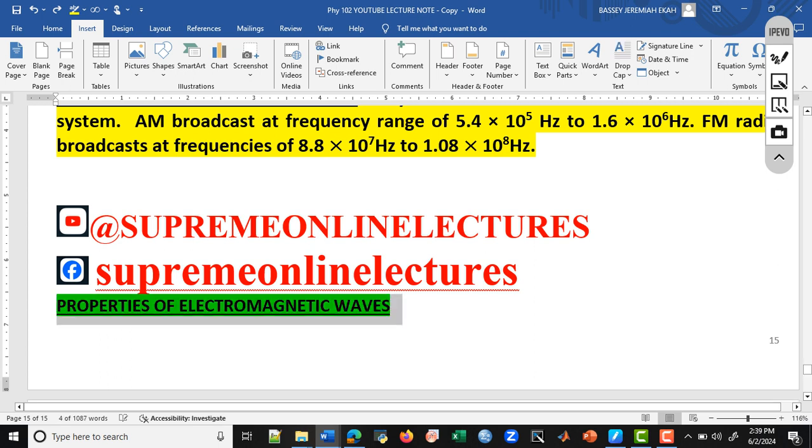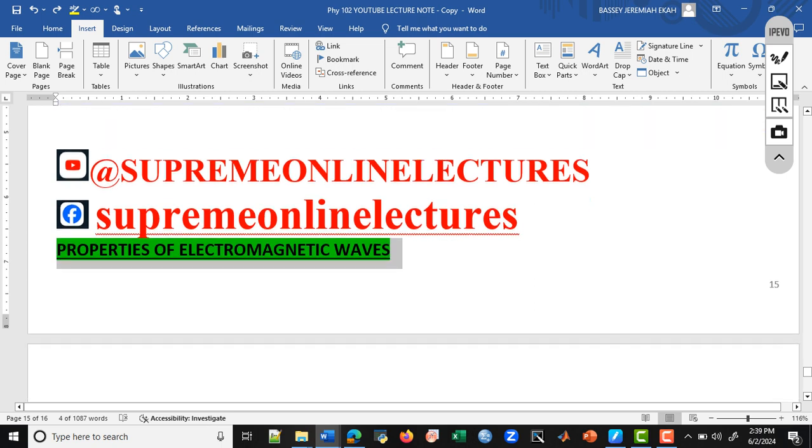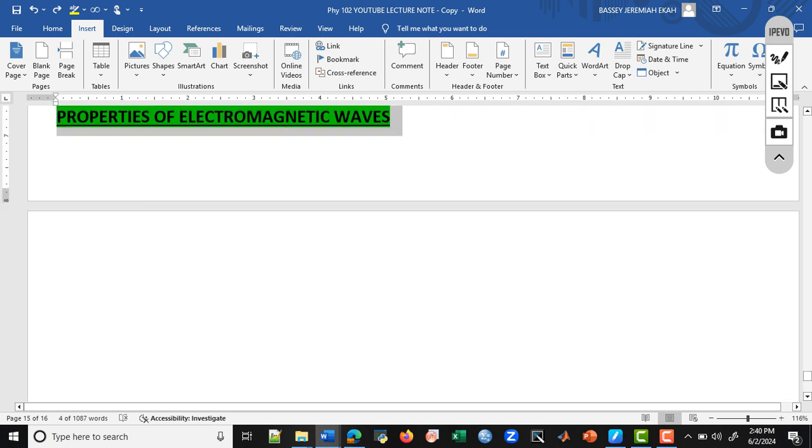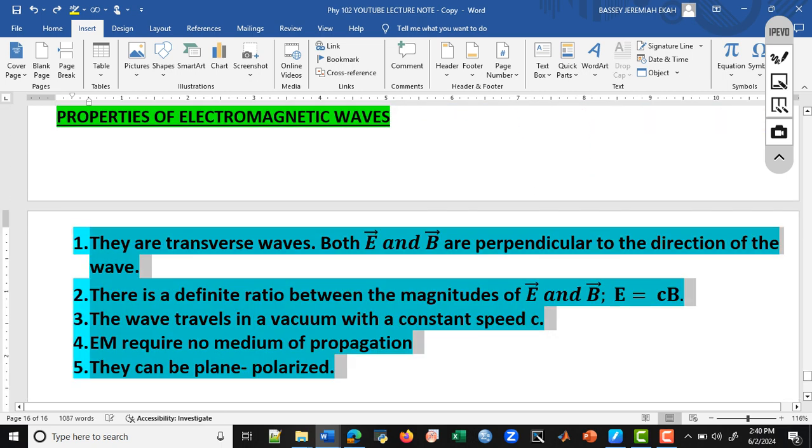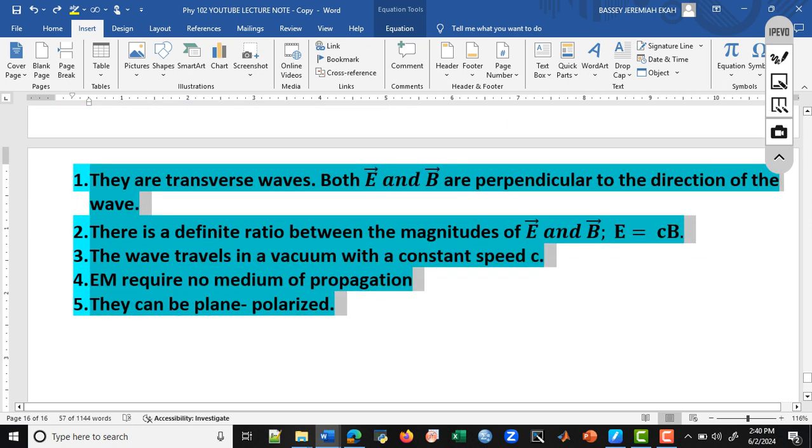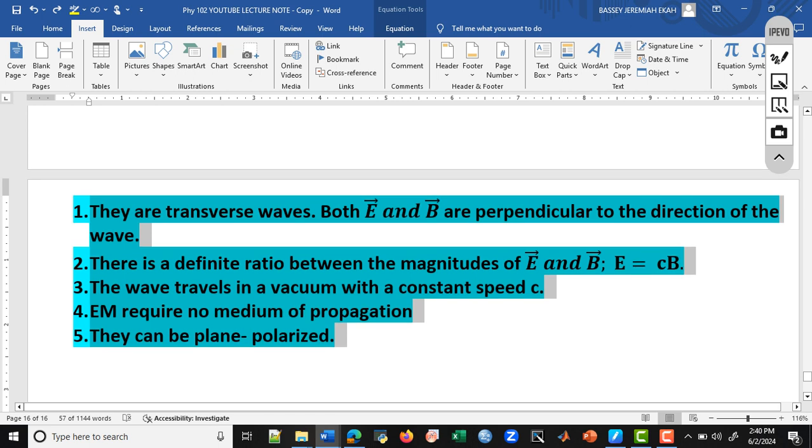Even the wave has properties. They are transverse waves. So electromagnetic waves are transverse waves. Both the electric field and magnetic field travel perpendicular to the direction of the wave. So they are transverse waves.